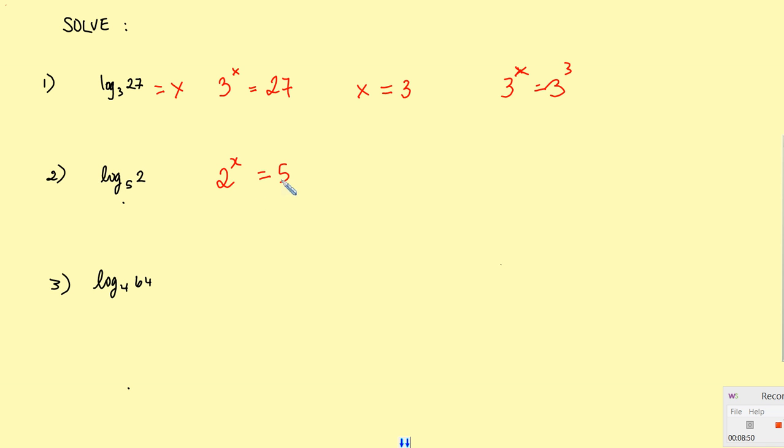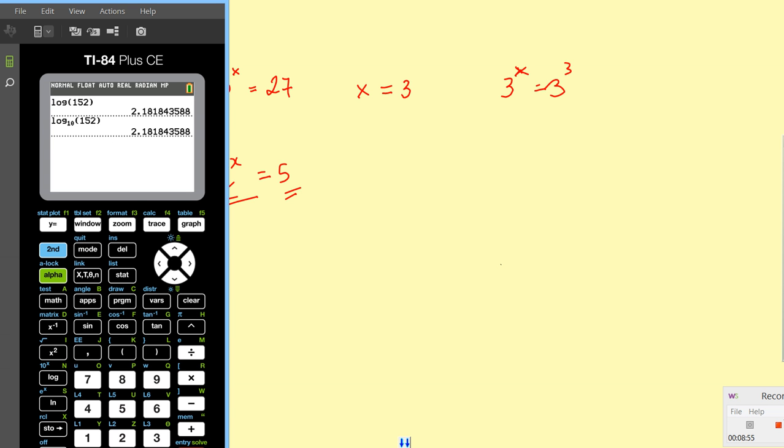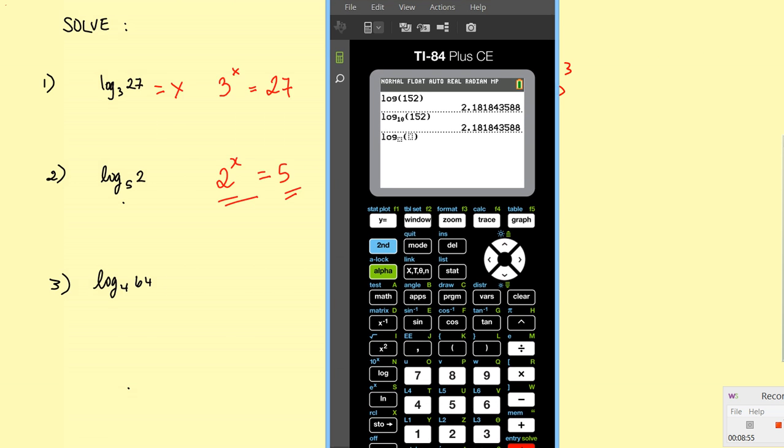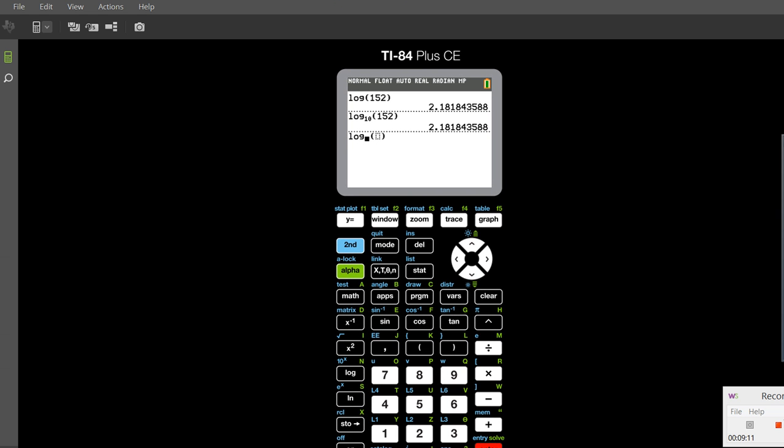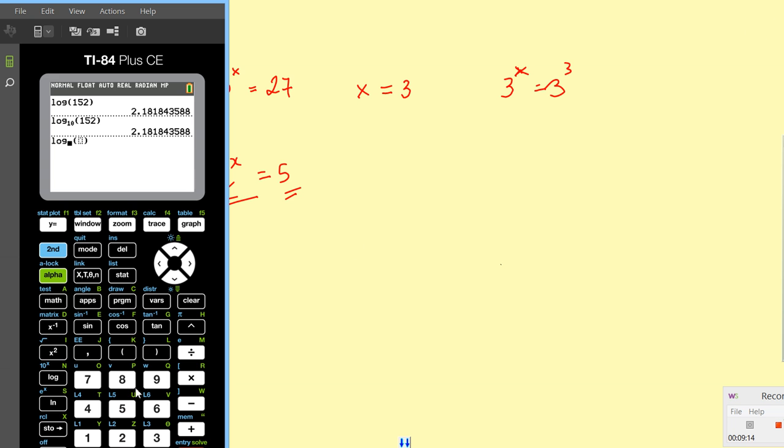If I were to do log base 5 of 2, well, that's like saying 5 raised to the power of x is equal to 2. I can't bring these down to the same base, so I'm going to count on my calculator at this point, and I'm going to go to the math button. I will click until I get to log base. I will press enter, and then from there I will place in log base 5 of 2.